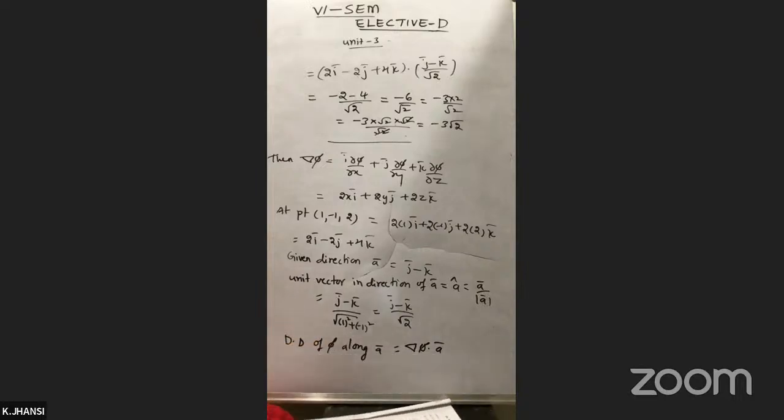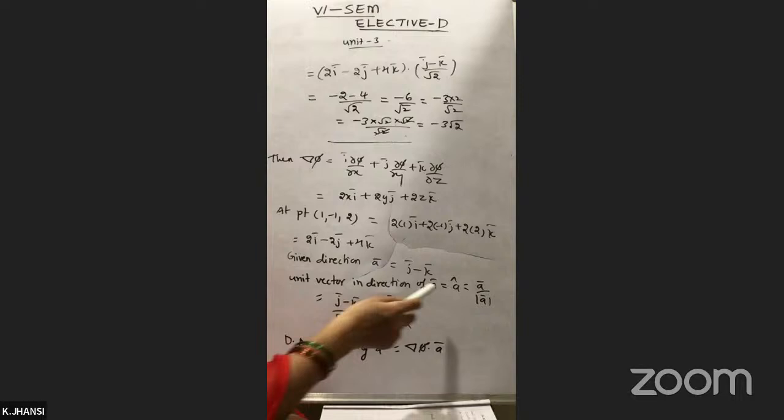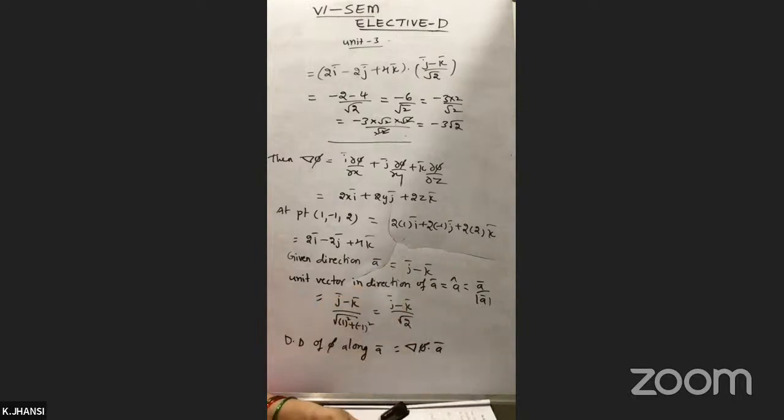Then the main concept is finding the directional derivative of phi along A, which is del f dot A cap, where A is that unit vector.